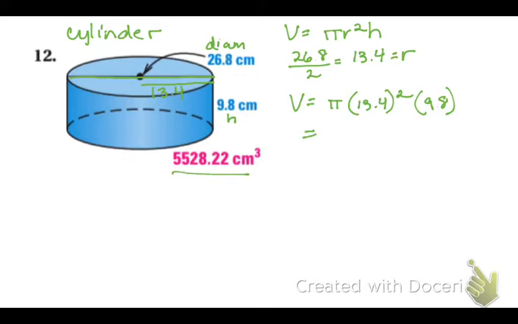I think I got 25.42 because I just used 3.14 for pi, and these two are close enough. You would not get an error for that. So you see a cylinder, it gives you the diameter or the radius, and it gives you the height. You're in Fat City. You can easily figure out the volume.